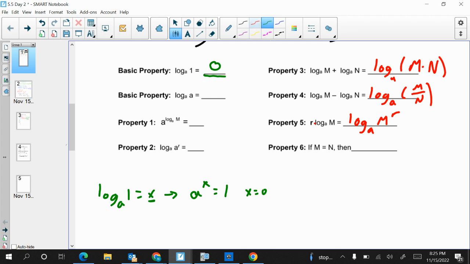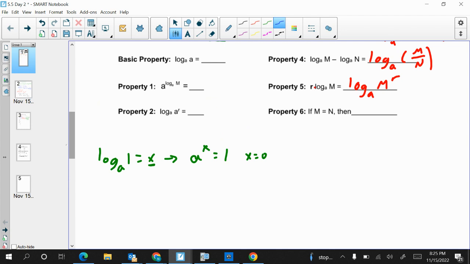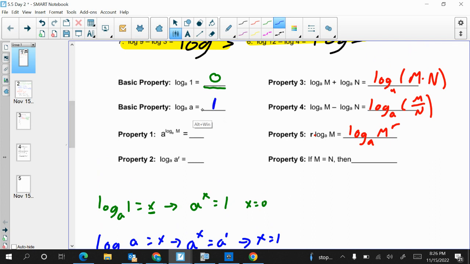Let's look at the second one. Log base A of A, again, let's set that equal to something, x. Well, that would be A to the x equals A. Now, this A does have an exponent of 1, so bases are the same, so that means that x has to equal 1. So the thing this equals is always 1.